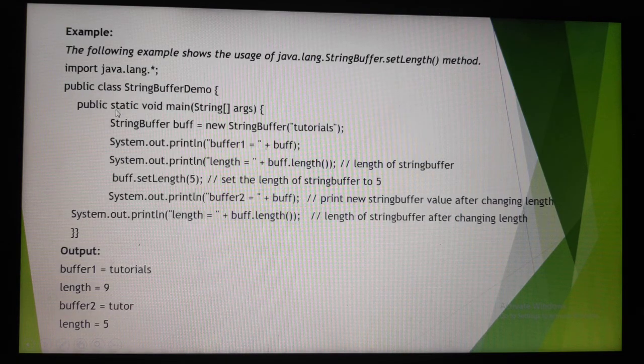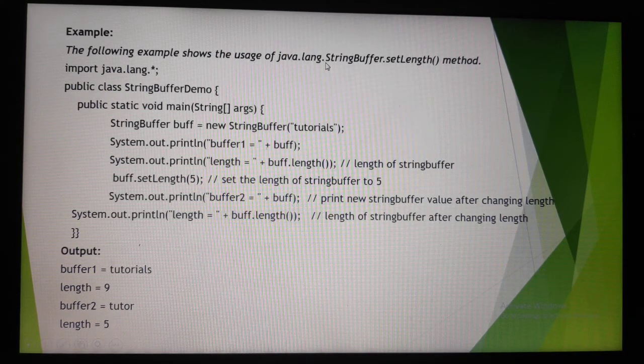So here I have given an example. The following example shows the uses of the java.lang.StringBuffer setLength method. Here public static void main, StringBuffer buff is equal to new StringBuffer("tutorials"). So here I have created one StringBuffer with tutorials.